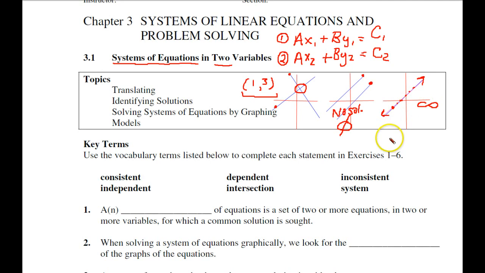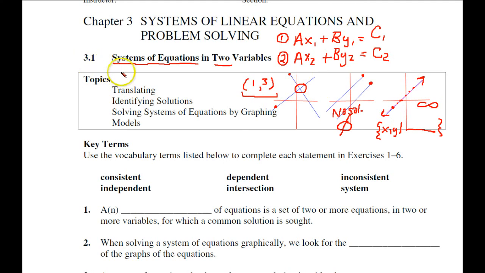And the way we write it, usually in set builder notation, we'll say that (x, y) such that, and then we give one of the equations, because the other is just a modification of the same equation. So that's a little background of what is going on in section 3.1.